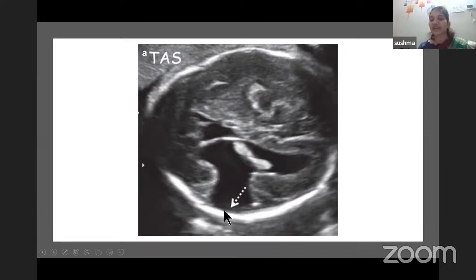This is a cleft, and this is called schizencephaly. Schizencephaly is a full thickness cleft in the brain cortical matter that is lined by gray matter, and the ventricular fluid communicates with the CSF. This is schizencephaly, a new term, for gynecologists, I mean.